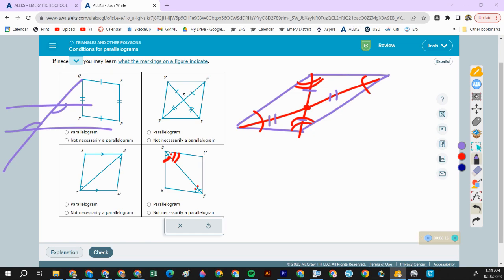The other one that you're going to run into looks like this: parallel, parallel, equal, equal. Would that be a parallelogram? So can you think of a non-parallelogram that has one set of parallel sides and one set of equal sides?